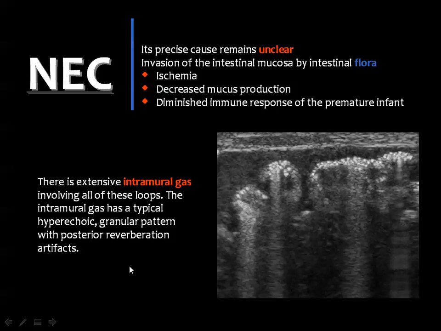And this will result in accumulation of a lot of gas in the wall of the small bowel, and this can be easily appreciated by ultrasound because gas locules are echogenic, and they may produce acoustic shadows.